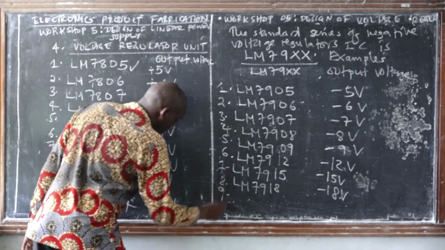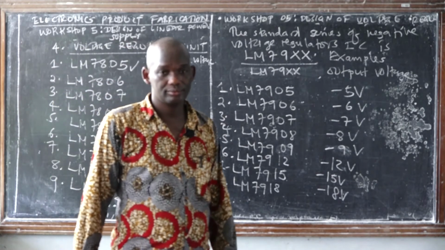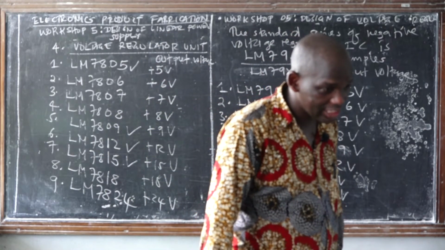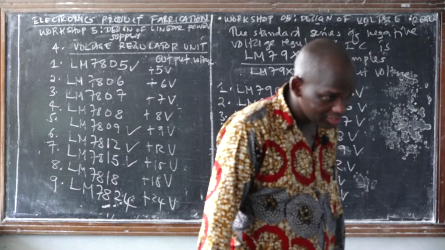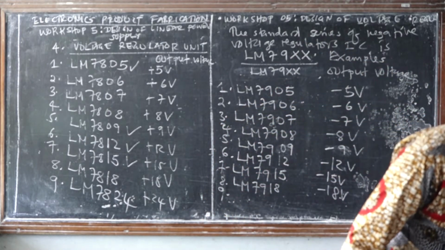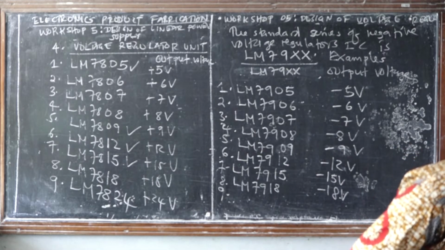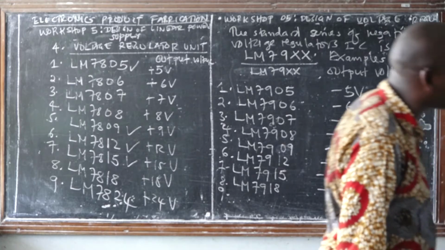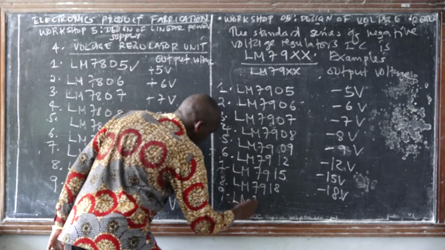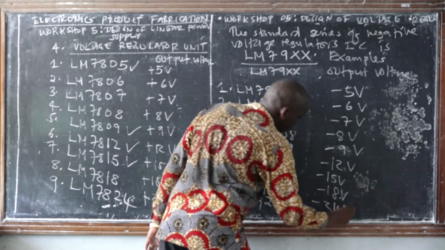She has gone out and she's busy outside there. Then Jessica? Next. LM79? 24. Okay. LM79 24. Provide what? 24 volt.